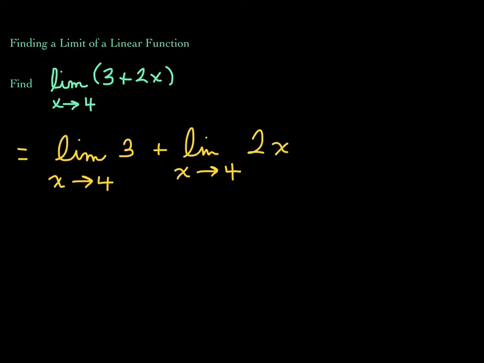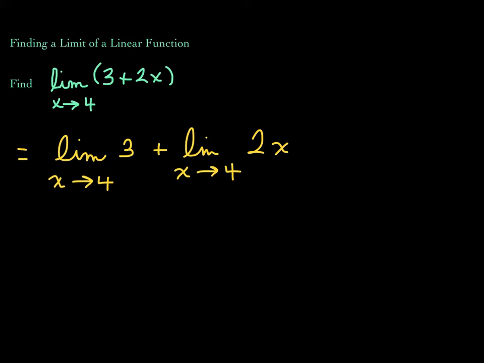So notice that I'm taking the limit of the first term plus the limit of the second term. The sum rule, the third rule that we wrote down earlier, allowed me to do that.